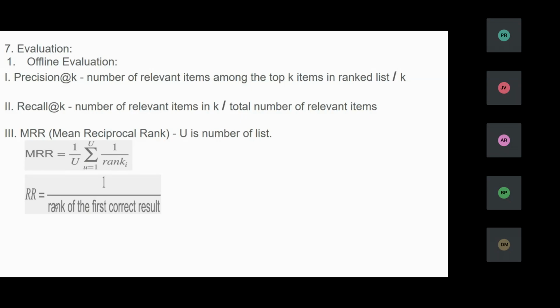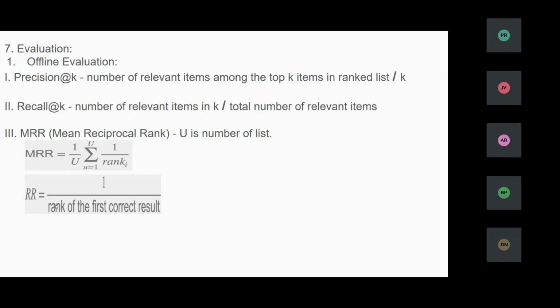The third metric is MRR, where U is the number of lists. You can see the formula for the MRR. To calculate the MRR, or mean reciprocal rank, first we have to calculate the reciprocal rank of every list. Let's say we have 5 lists that we are considering for calculating MRR.